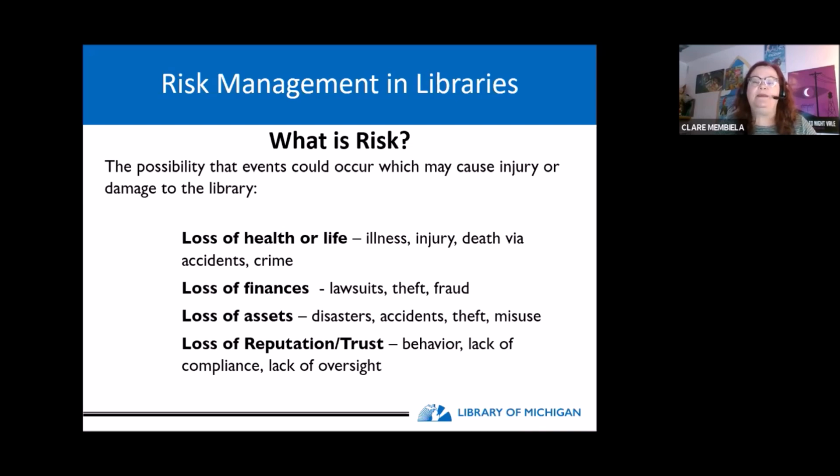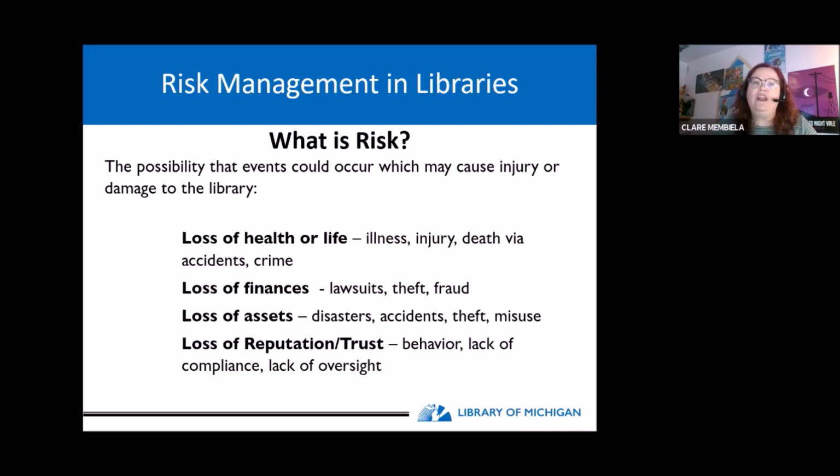And that's something that I think is a risk that a lot of libraries might not really think of in the same context as you may think of bed bugs or workplace violence or a data breach, because it doesn't seem like a huge disaster.